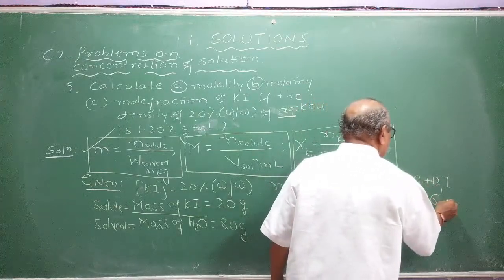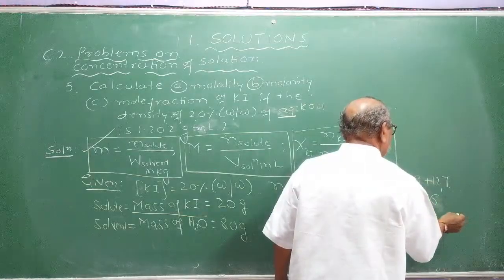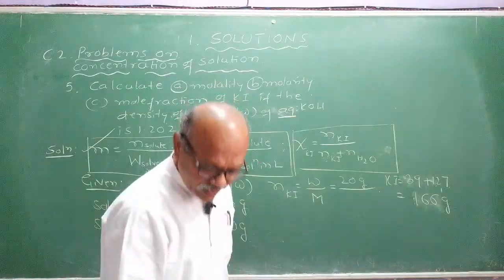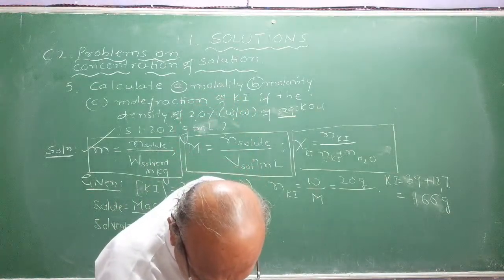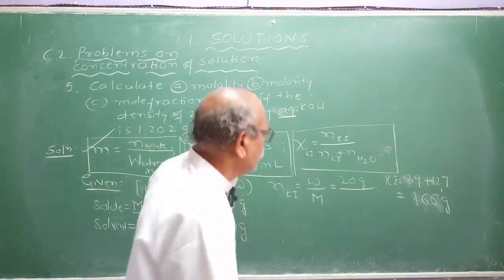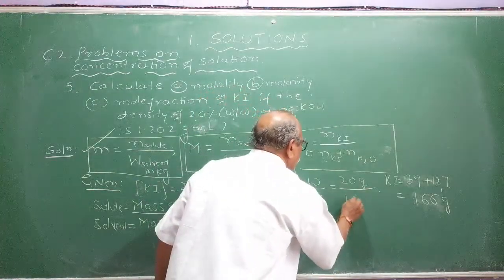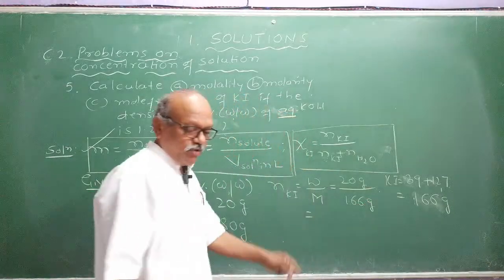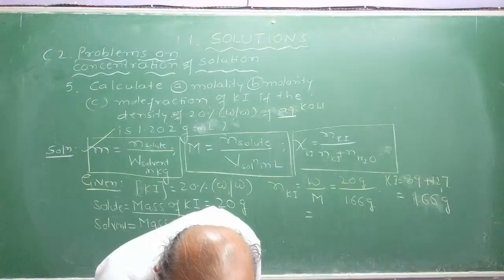Then 166 is the molecular weight of it. Now you calculate the ratio, number of moles. Yes, you can continue. 166 grams. What will 20 upon 166 be? Calculate.